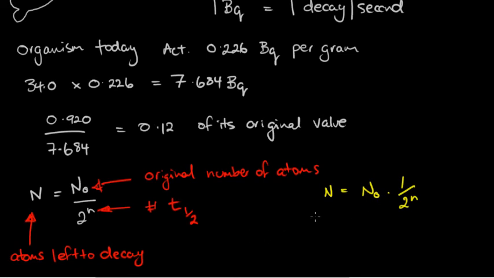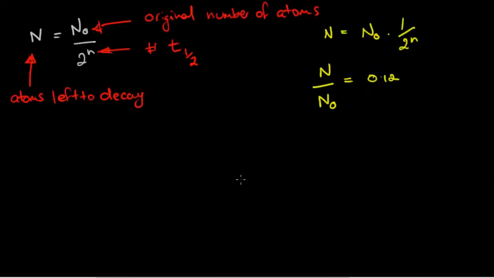And we know the ratio of the number left to decay over the original value is equal to 12%, 0.12. So that leaves us with 1 on 2 to the power of n is equal to 0.12, and we can swap these two over.